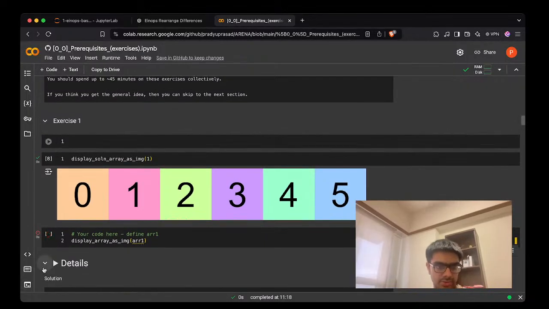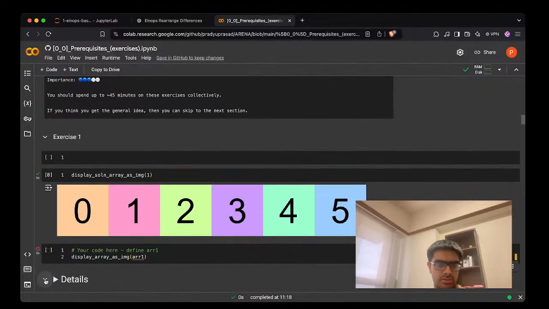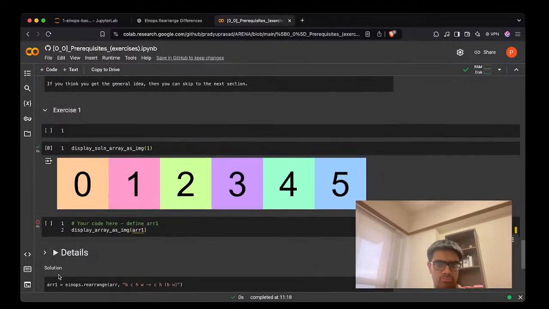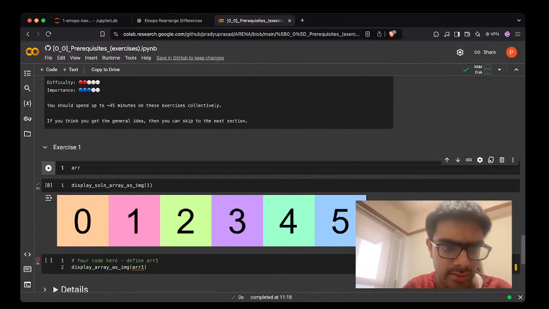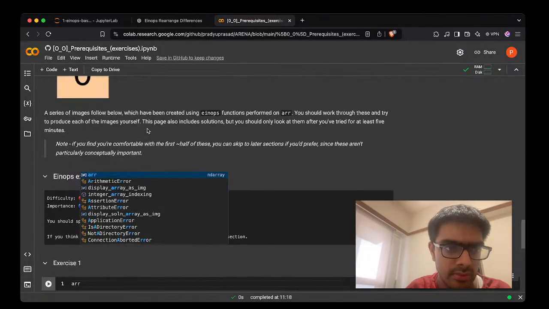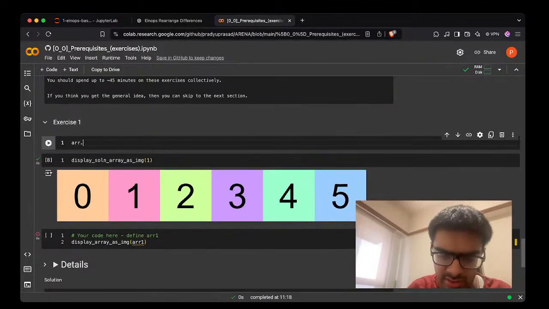Oops, we shouldn't be seeing the solution. How do I hide the solution? Anyways, so we know ARR. Where is it? ARR is over here. Do ARR shape maybe.